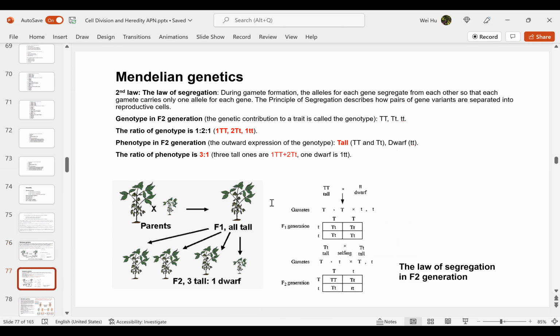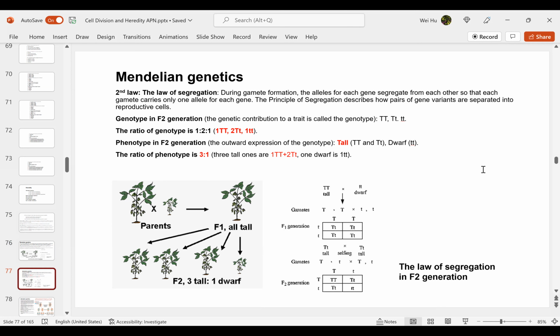First law. Second law, the law of segregation. In this one, we just talk about meiosis. Segregation means separate. So each of your germ cells only has one set of chromosomes.